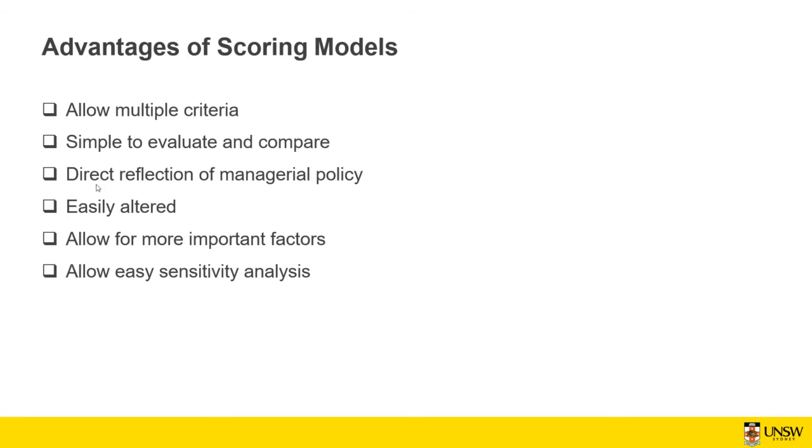In order to reduce the subjectivity, you can ask a few people to give a score, and then you can get the average score for each criterion. So this model gives you the opportunity to give more weight to important factors. This is one of the advantages. And the sensitivity analysis is going to be easy, because you change the weight and you see how your final score is affected.